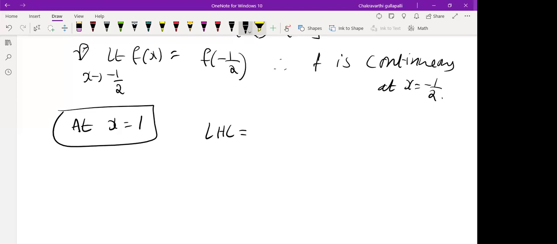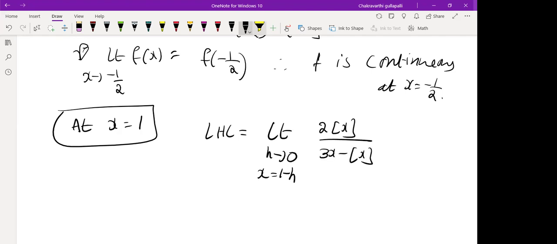If it were only box x, we would have concluded, but apart from that we have something else there, so you need to check. Limit h approaching 0, x less than 1, means 1 minus h, of 2 box x by 3x minus box x. So replace wherever x is there by 1 minus h: limit h approaching 0 of 2 into box of 1 minus h divided by 3 into 1 minus h minus box of 1 minus h.